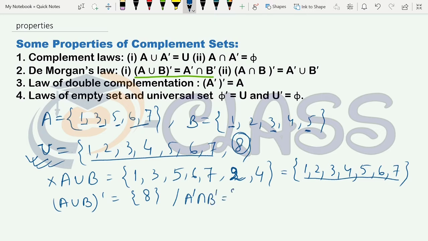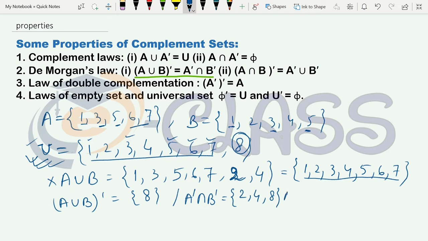For A complement, you have to write the elements of the universal set which are not in A. We just remove 1, 3, 5, 6, 7 from the universal set, so we get 2, 4 and 8. So this is A complement.